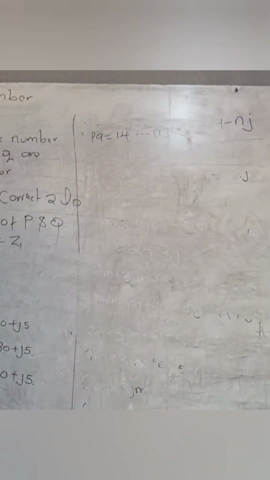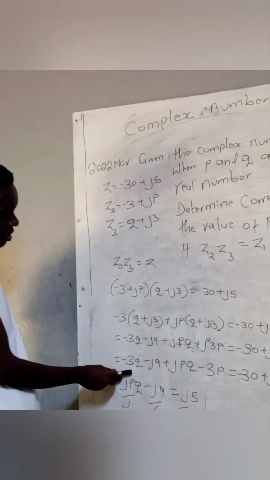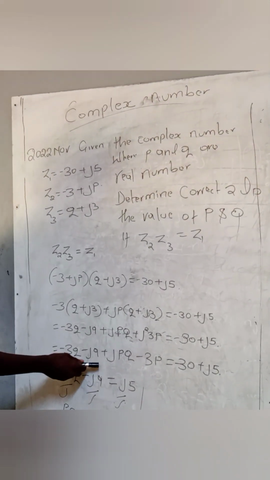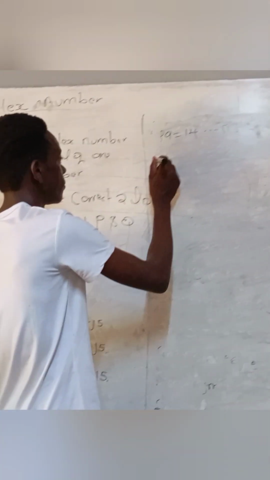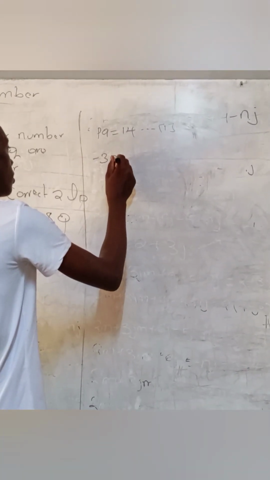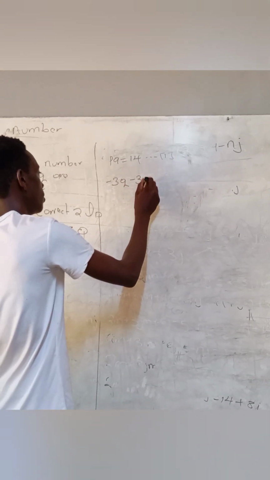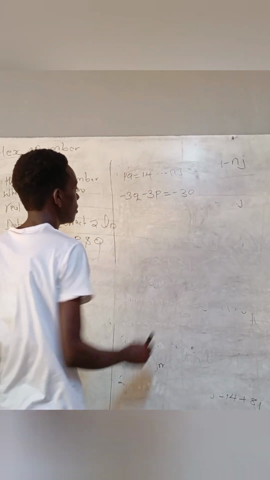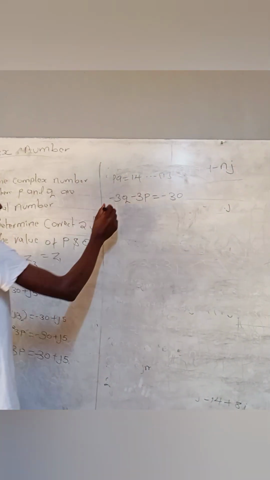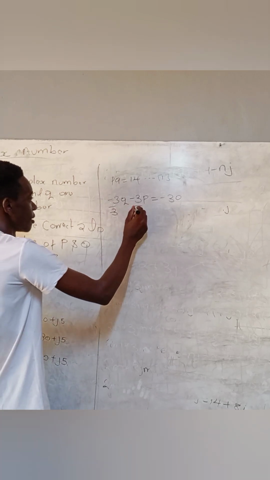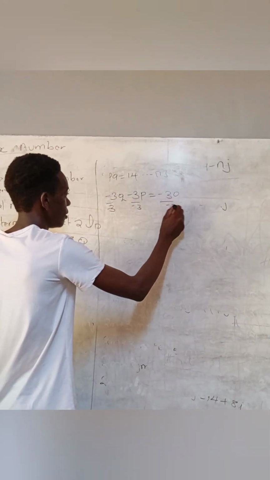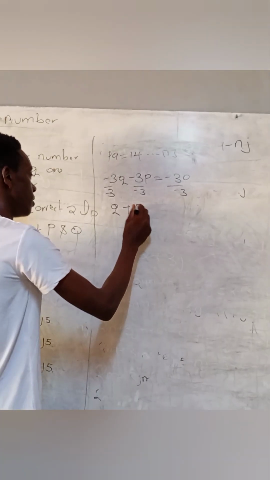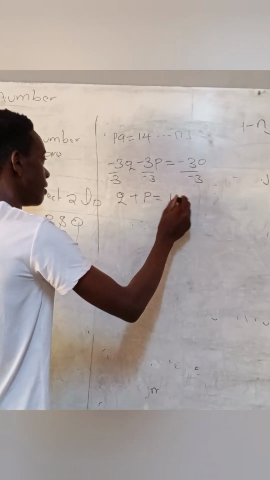I have dealt with the ones with j. So again I will take the constants. I have negative 3q minus 3p is equal to negative 30. So I divide everything by negative 3. I will have q plus p is equal to 10.